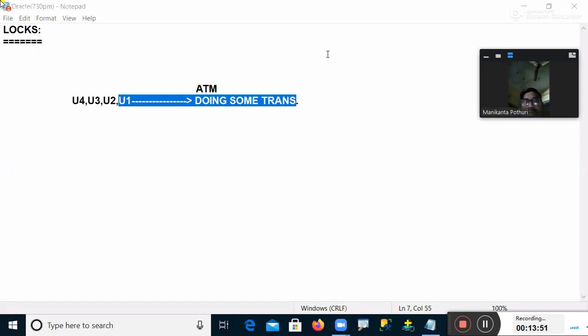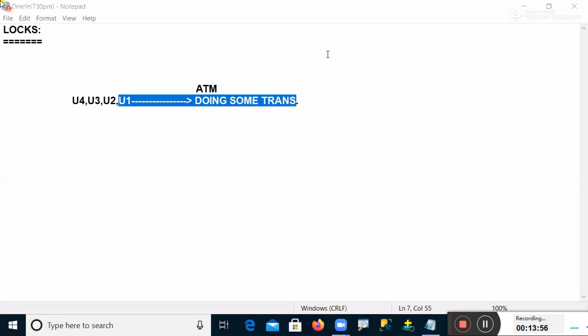After this whole process successfully completes or fails, only then will the second user's request be accepted by the database server.